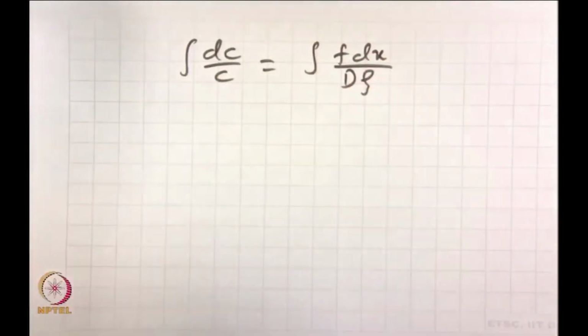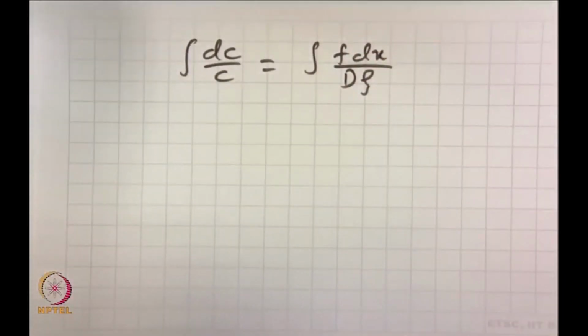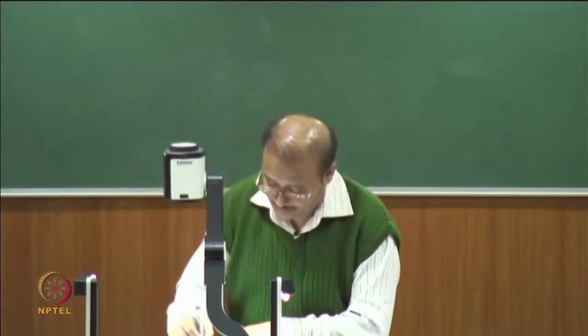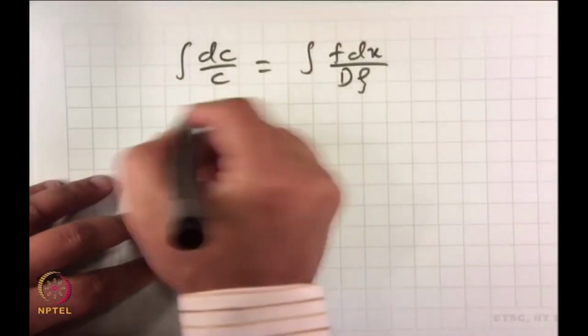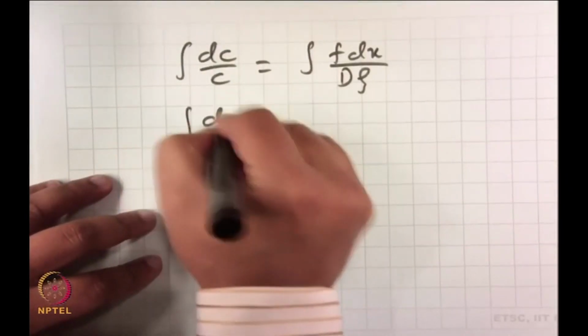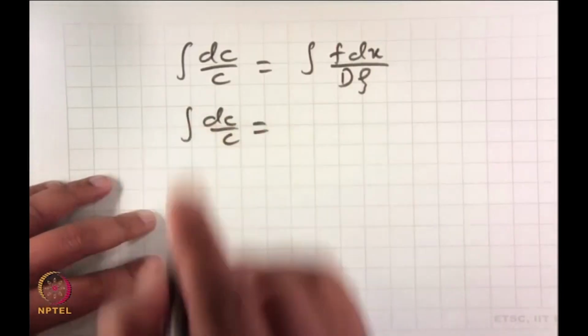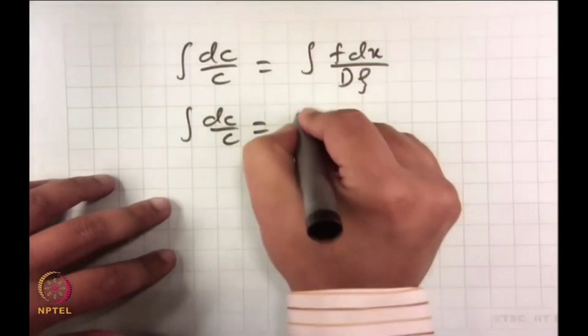Now, d is a constant, xi is a constant, both of these will come out, right. So, here what I can write is dC over C. Now, look at this, I will write 1 by d.